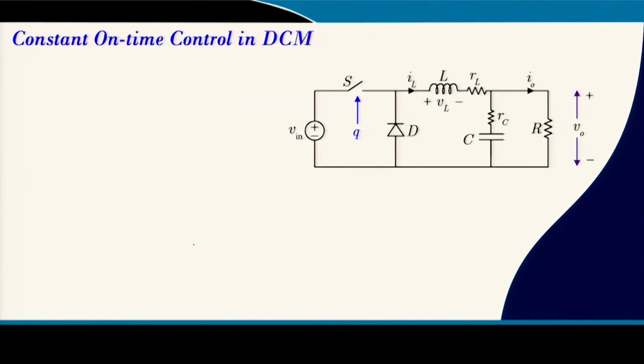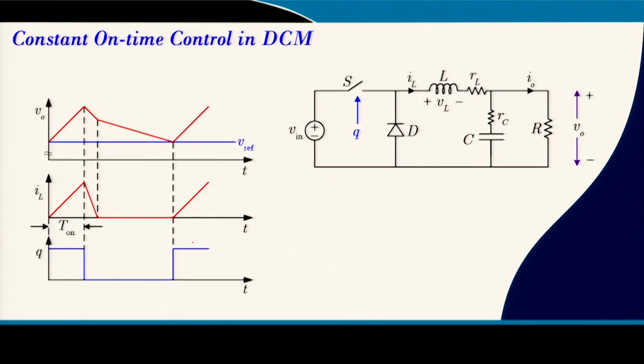In discontinuous conduction mode, we have shown that constant on time control is frequently used in commercial products. Why? Because we have seen the diagram: in constant on time control, if we keep the on time fixed, then the time period will vary based on the load current condition, based on the rate of discharge of the output voltage.